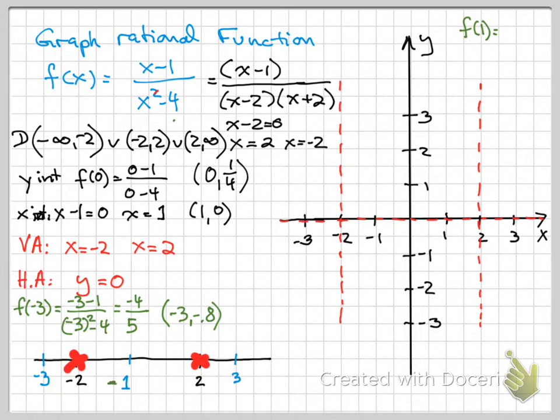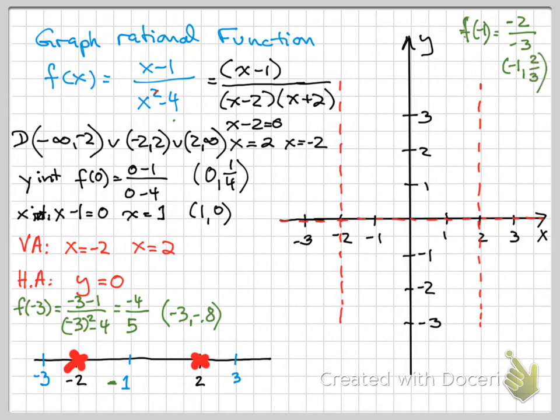Sorry about that. f of negative 1: negative 1 minus 1 is negative 2, and negative 1 squared is positive 1. Positive 1 minus 4 is negative 3. So my point here would be (-1, 2/3), since negative divided by negative is positive.